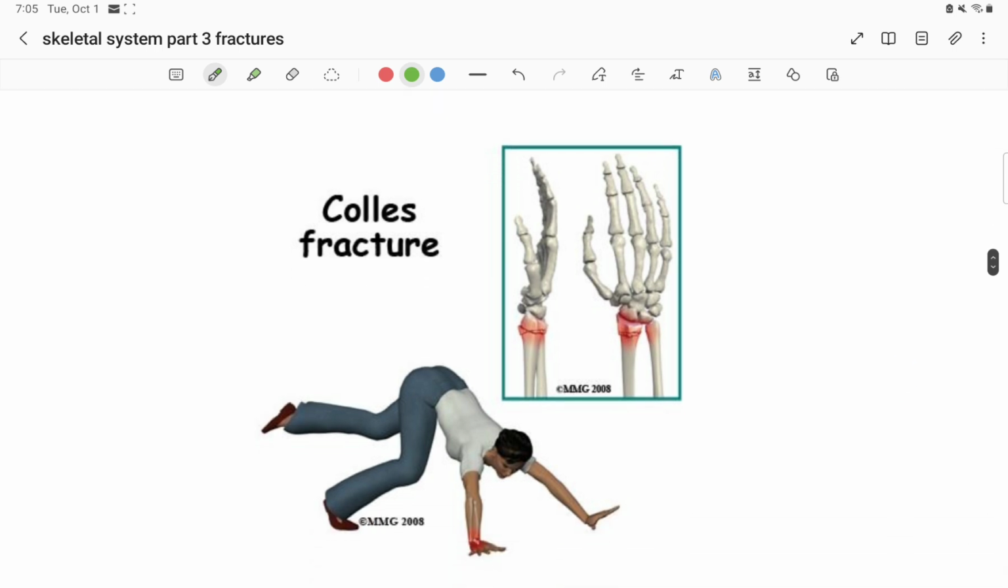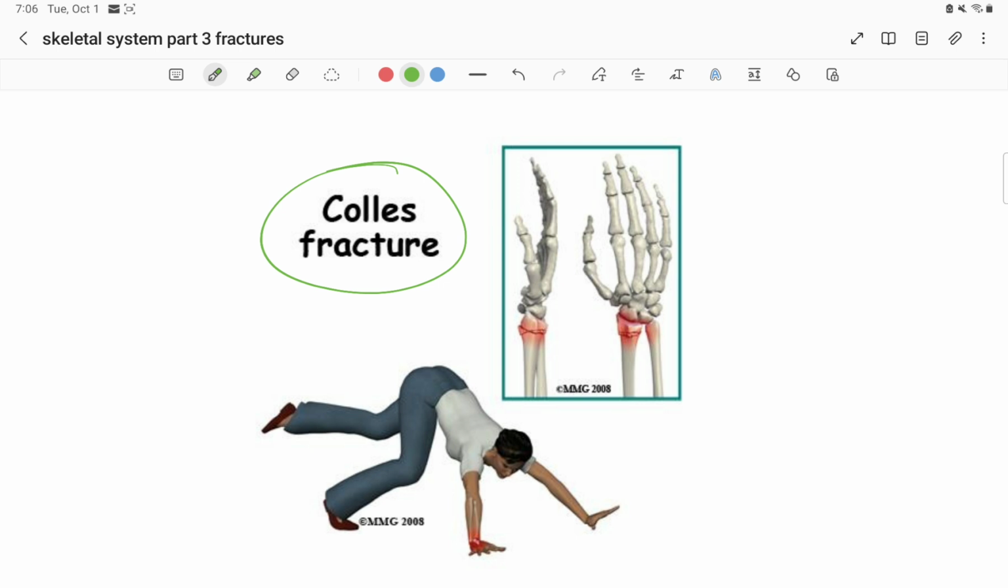Okay, a Coles fracture. Now, sometimes fractures are named after the ortho person that talked about it years ago, wrote about it, and all that. So sometimes one word, like Coles, describes sentences of different fractures.